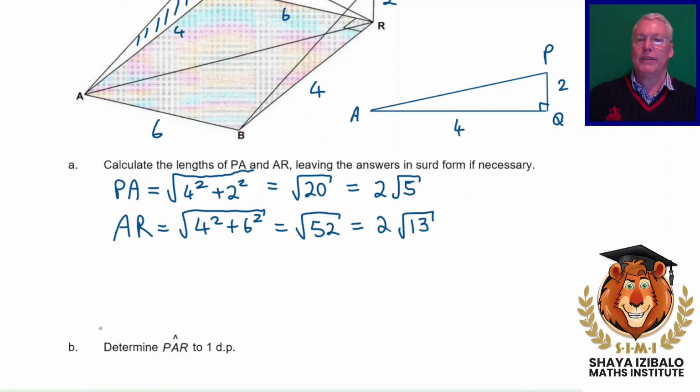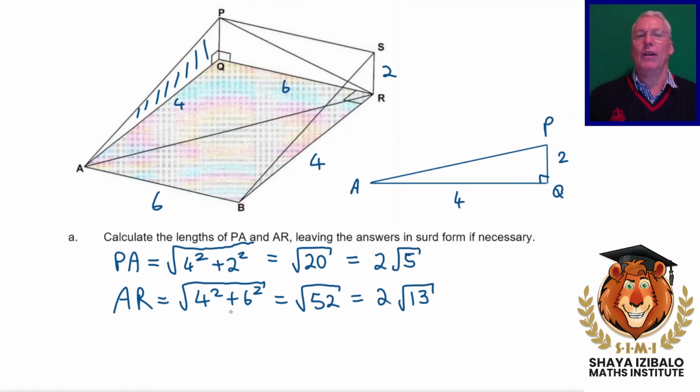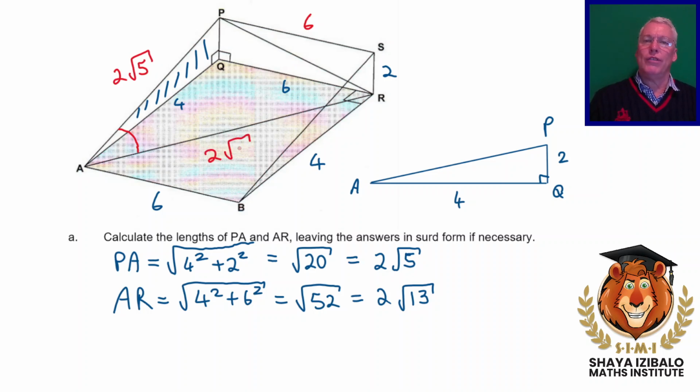Then it asks us to find PAR. Now that angle there is kind of in 3 dimensions. Once again, just like in the previous question, we've now got all 3 sides in this triangle. I'm going to show you the triangle now in the hopes that you can see it. It's at an angle here, but PA we know is 2 root 5, and this we know is 2 root 13.